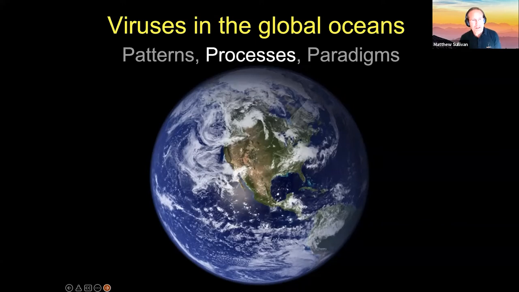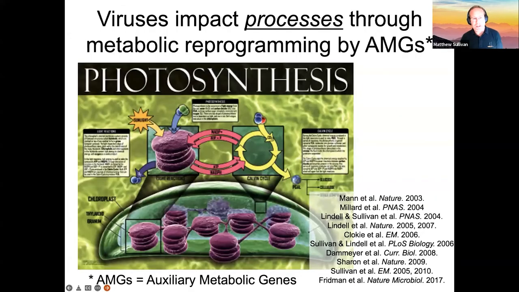We next look at processes that viruses may impact, and the interest in this was that in cyanobacterial viruses in culture, we had seen that viruses encode photosynthesis genes. These are core photosystem genes which directly impact photosynthesis.